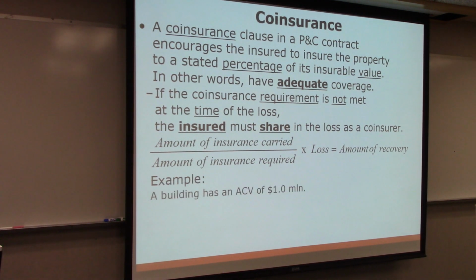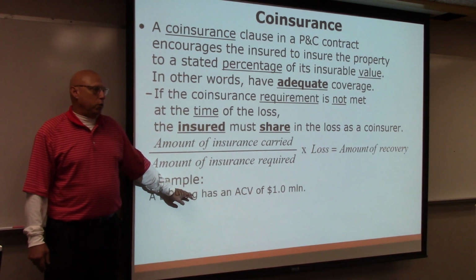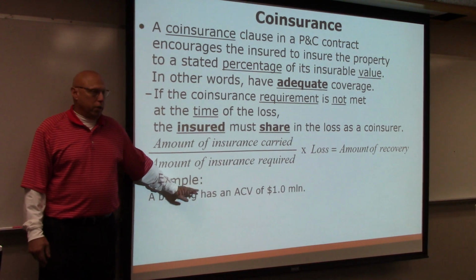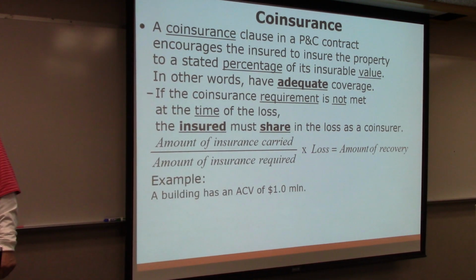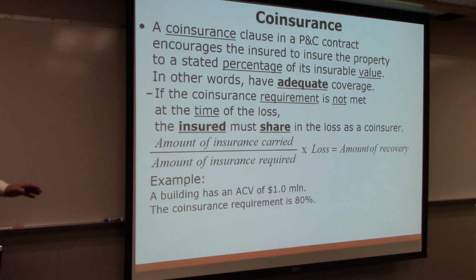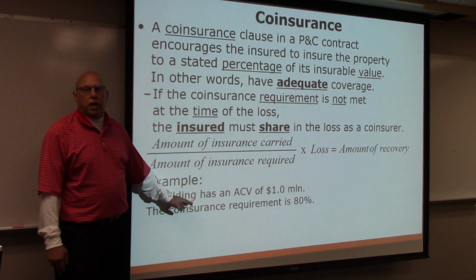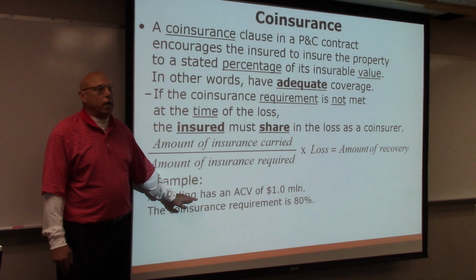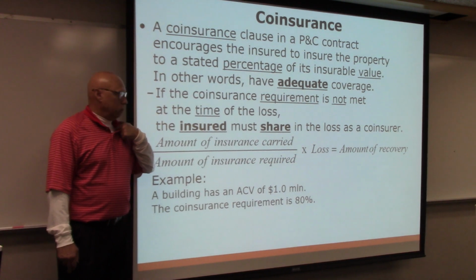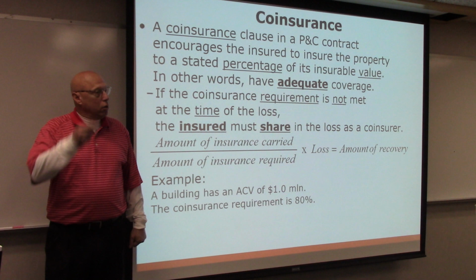All right, so a building has an actual cash value, which is replacement value minus depreciation, of $1 million. The co-insurance requirement is 80%. So the insurance company is saying that you must have at least $800,000 of coverage. You cannot take out a $600,000 policy.